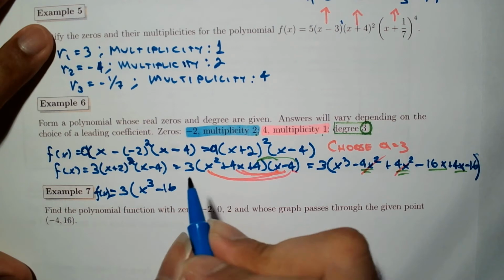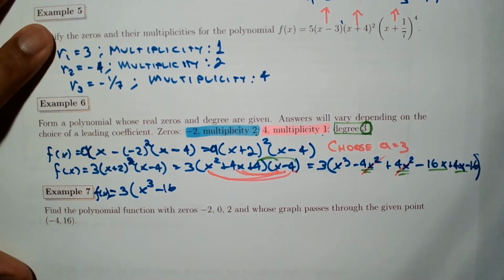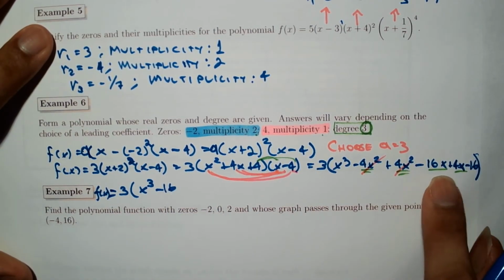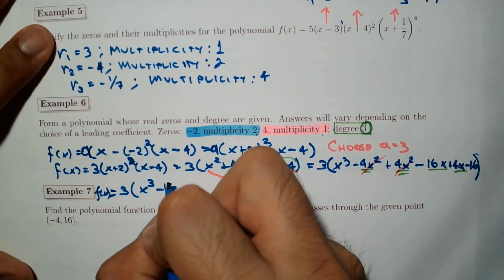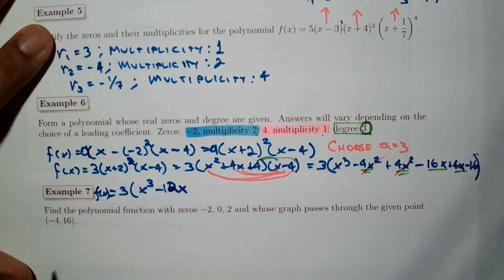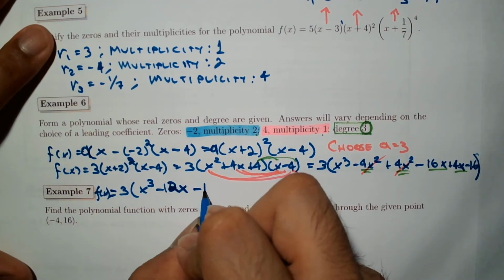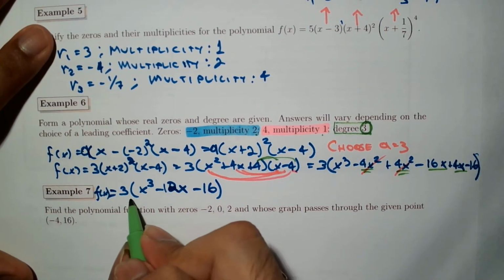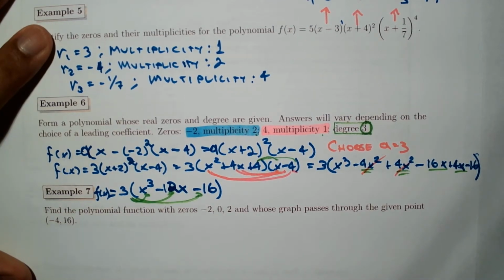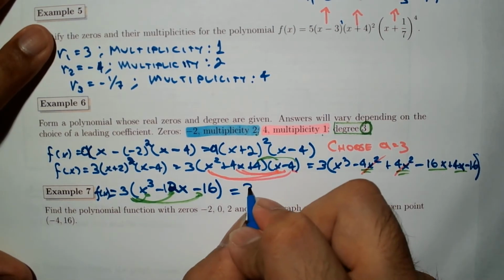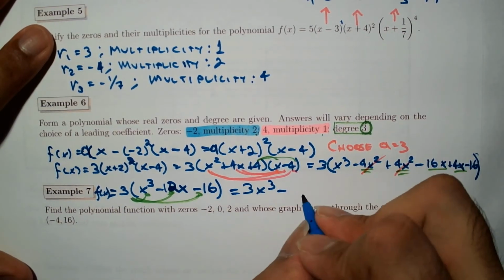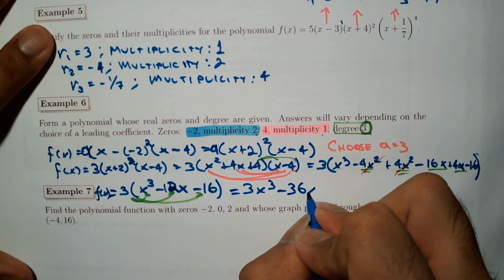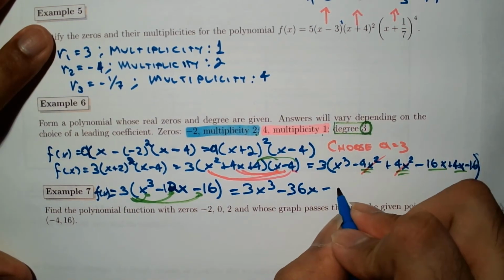Minus 16 plus 4, that's negative 12x, and minus 16. And then multiply everything by 3, which in this case will be 3x cubed minus 3 times 12, that's 36x, and 3 times negative 16, negative 48.